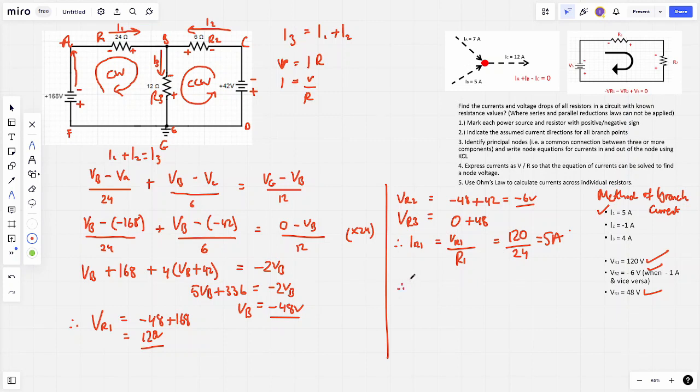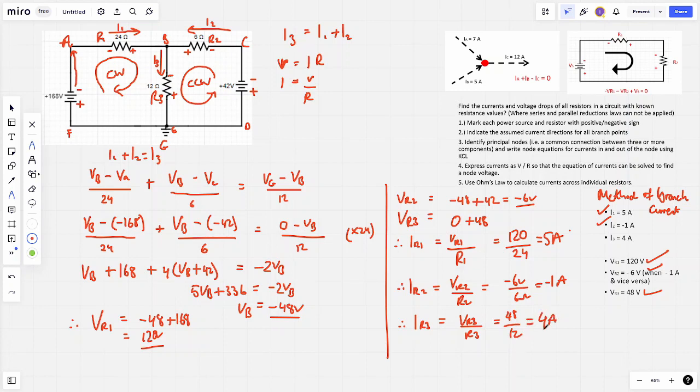And therefore we can say IR2 is VR2 divided by resistor 2, which is minus 6 volts divided by 6 ohms, that's minus 1 amp. Exactly what we saw in the method of branch currents. And finally we've got IR3 is equal to VR3 over R3, which is 48 divided by 12, which is 4 amps.